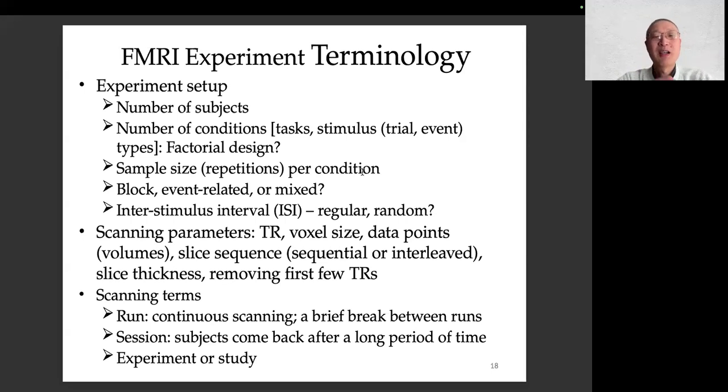But there's also a consequence for statistical inference, because a block design can be considered a special case of an event-related design. We can consider each block as many trials jammed together, right? So purely from a statistical perspective, block design is probably much better in terms of statistical evidence.